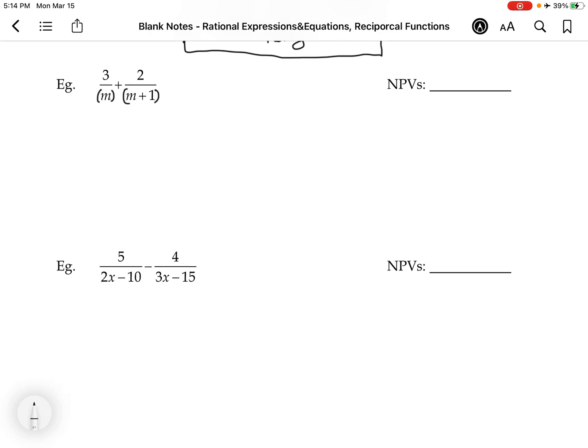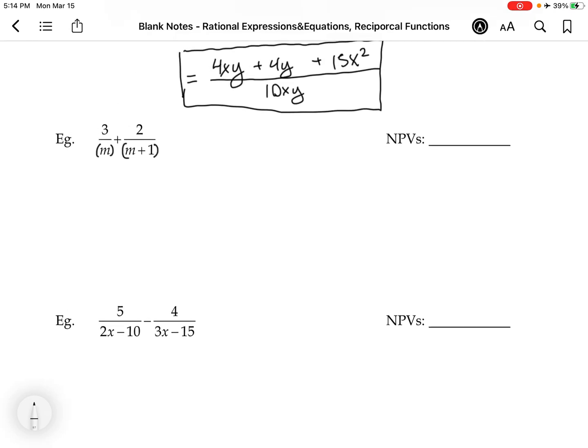If you actually plug numbers in for m, think of if m is 5, m plus 1 would be 6. You can't say that the LCD is 6 because it's 5 plus 1, right? It's actually 5 times 6, or 30. So the LCD here is in fact m times m plus 1.